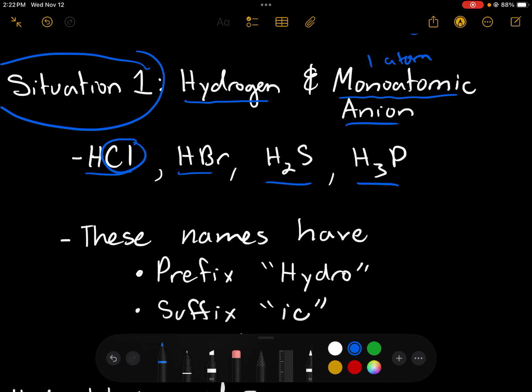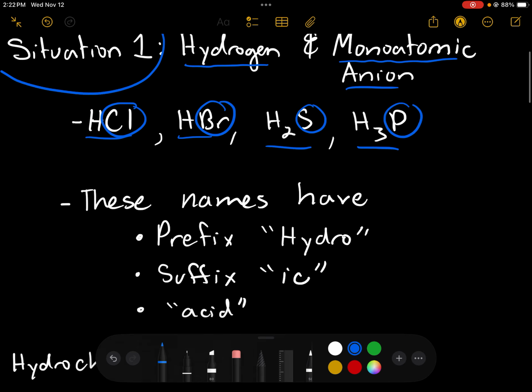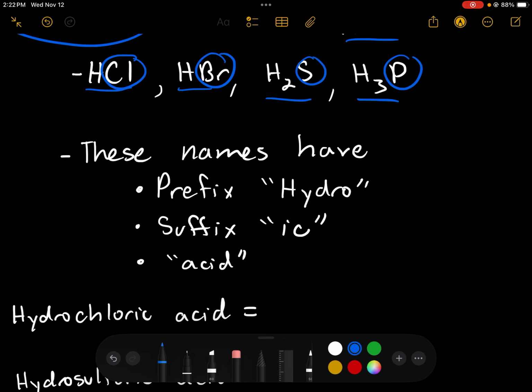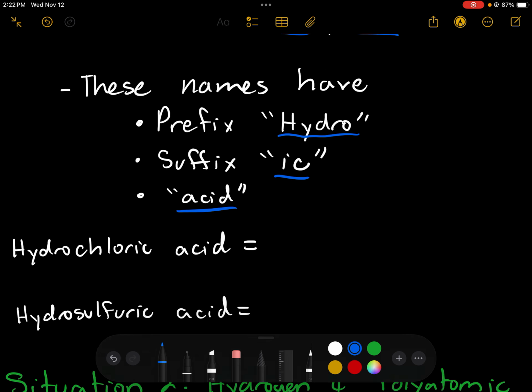All of those anions are only one thing. In the names of those, when you have hydrogen bonded to one atom, you're going to see the prefix hydro, the suffix ic, and the word acid, such as hydrochloric acid and hydrosulfuric acid.